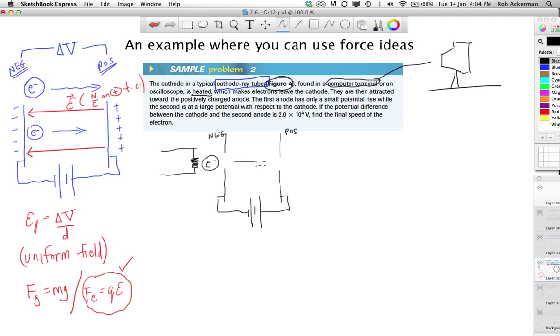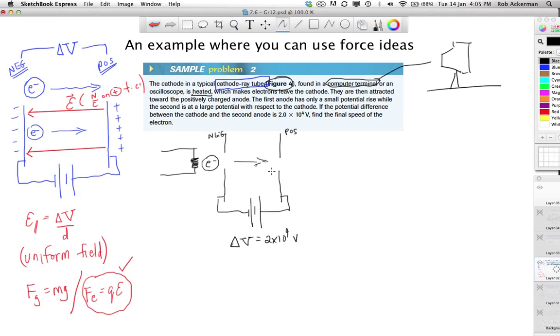They experience a force this way, and they gain kinetic energy, losing electrical potential energy. They tell you that the potential difference is 20,000 volts, which is a very large number, of course. I'm going to write that in there, 2 times 10 to the 4 volts. And the question is: what is the speed of the electron when it reaches the positive plate?